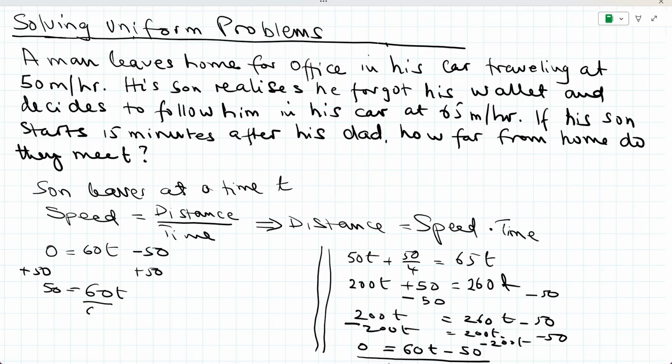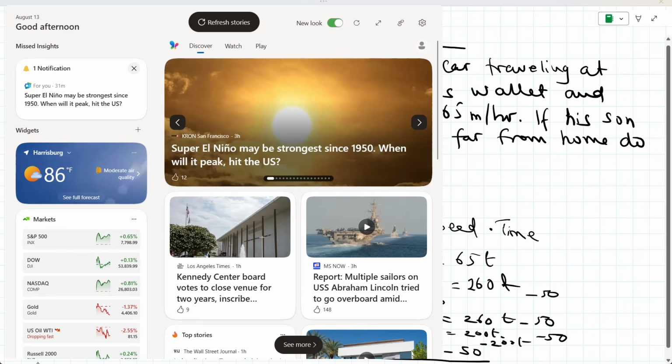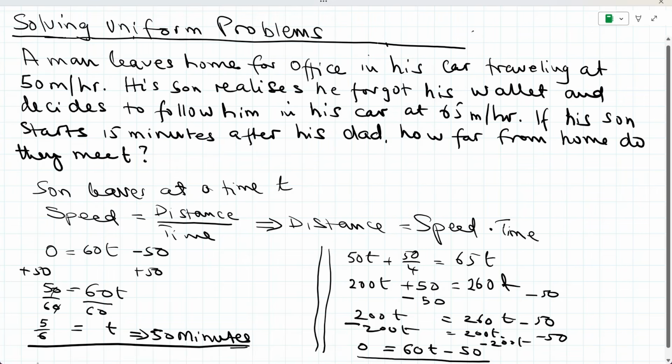We then divide by 6 on both sides, and t will equal 5 over 6, if we cancel out the zeros. So this time is in terms of hours. This is our answer, but we can change it to minutes, which will be 5 over 6 times 60, and that will give us 50 minutes. So the father and the son will be able to meet after 50 minutes.